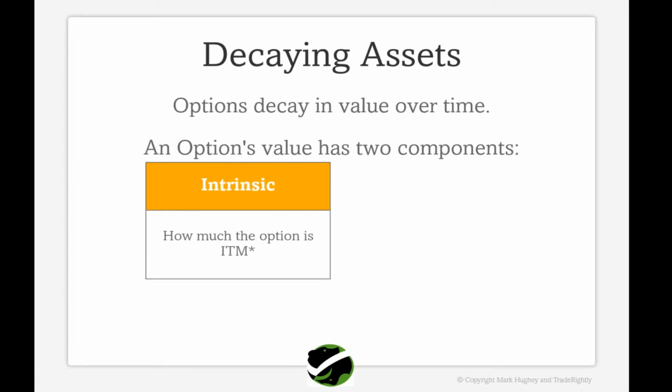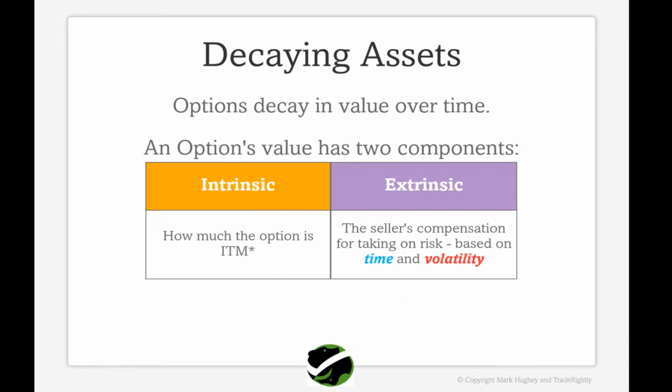The second component is the extrinsic value, which is a bit more complicated because it is determined by various factors, the two most important of which are time and volatility. Extrinsic value is what the seller gets above and beyond the exercise value for taking on the obligation risk.